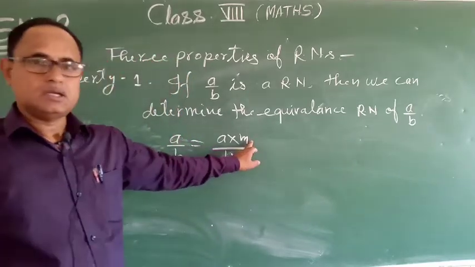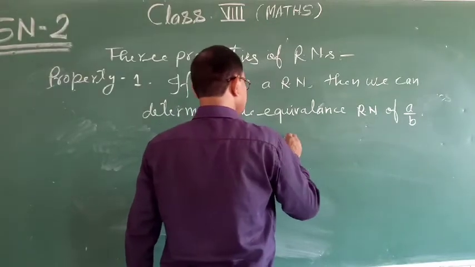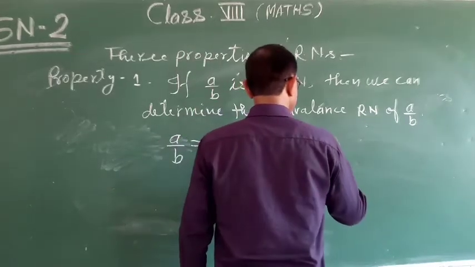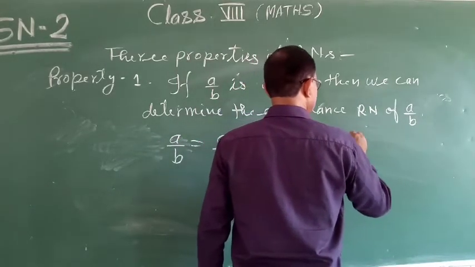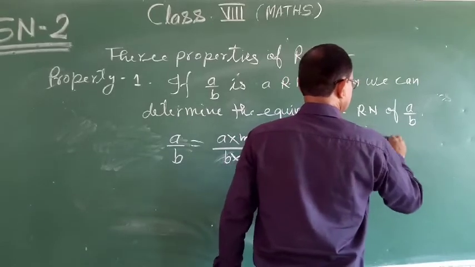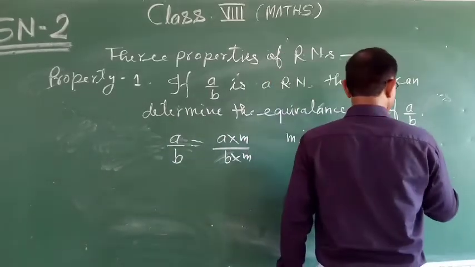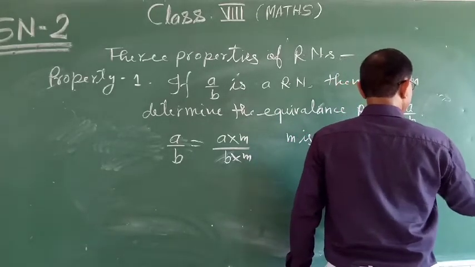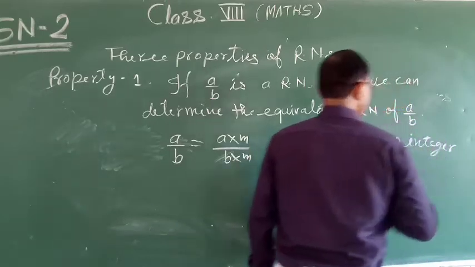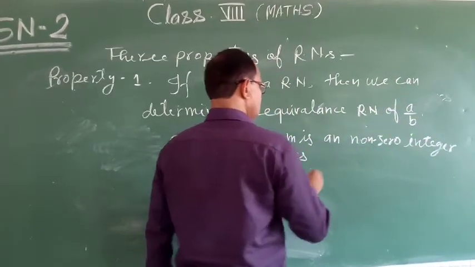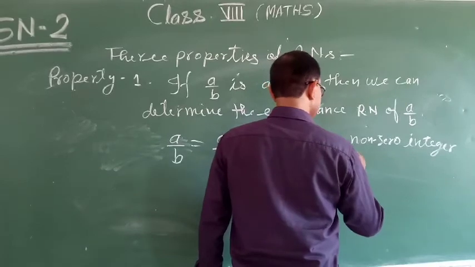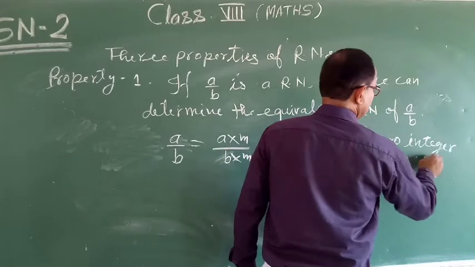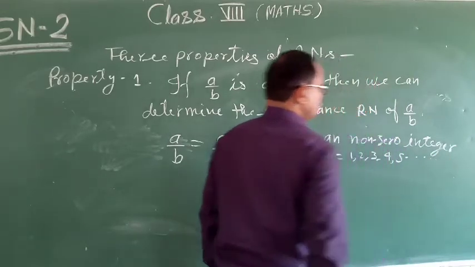Here m is a non-zero integer, as m is equal to 1, 2, 3, 4, 5 and so on.